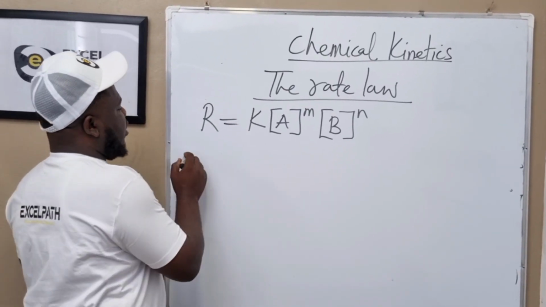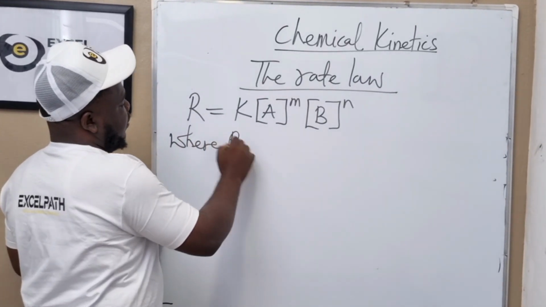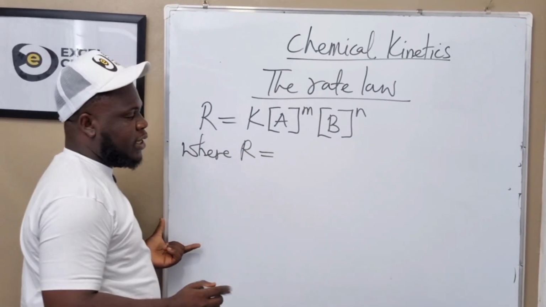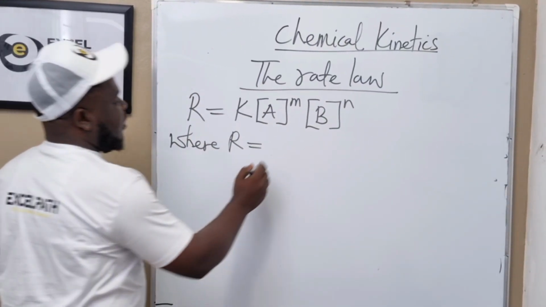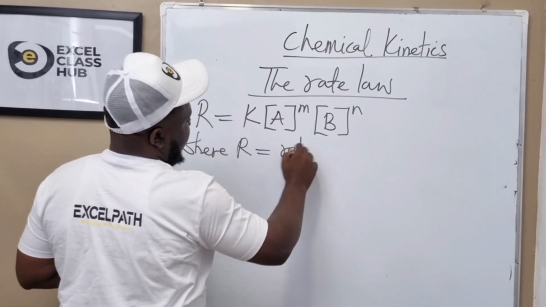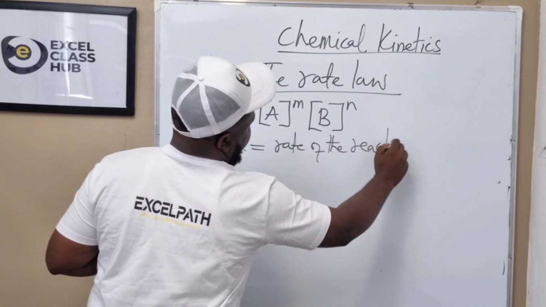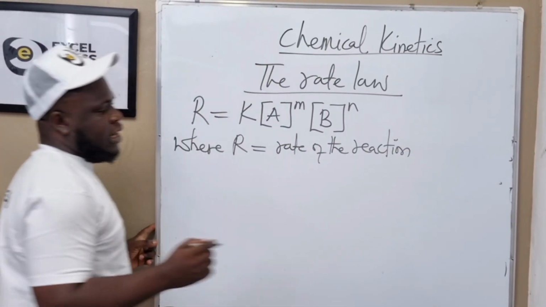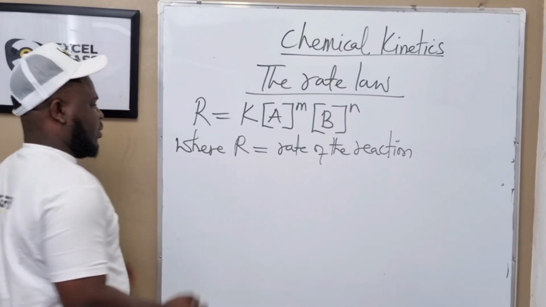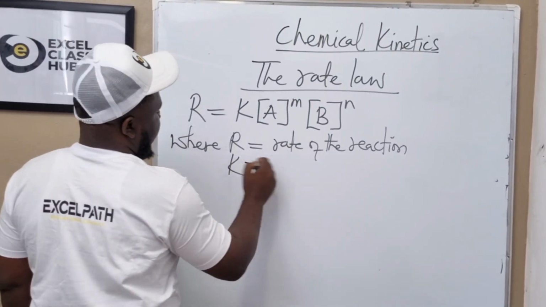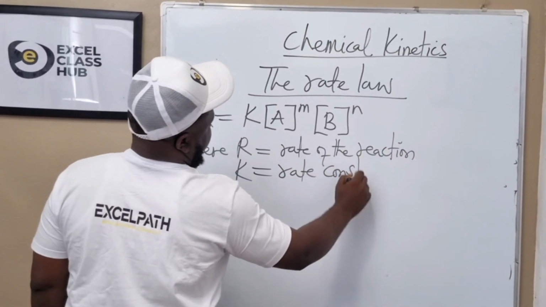And in this rate law expression, let's look at what all the species you are seeing represent. So in this rate law expression, the R represents the rate of the reaction. Our K represents what we call rate constants.